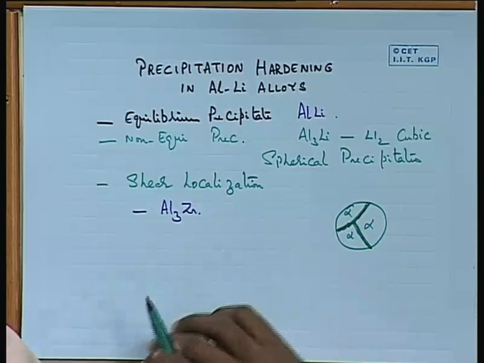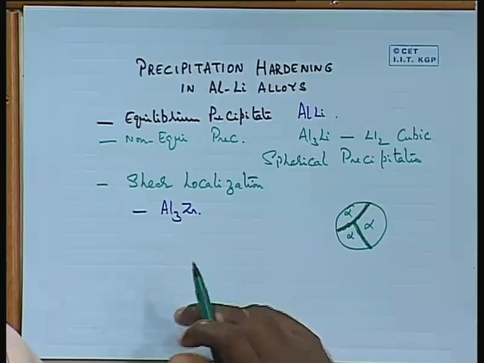What is the shape of the precipitate? The shape of the precipitate depends on what? The strain, which is called the misfit parameter, and of course the surface energy, the interfacial energy, that is also crucial.